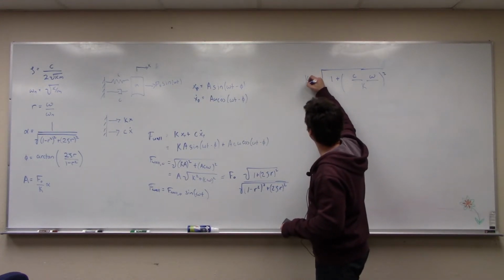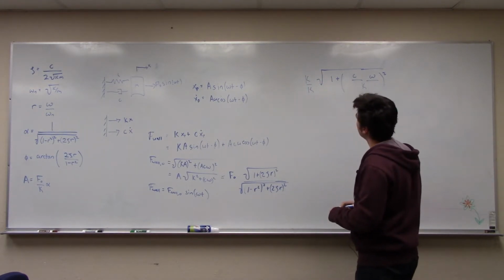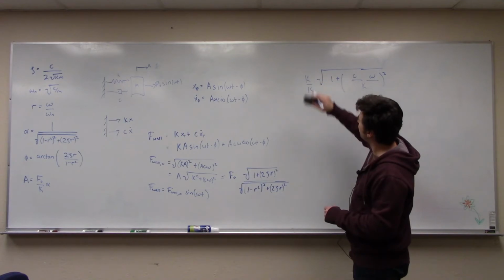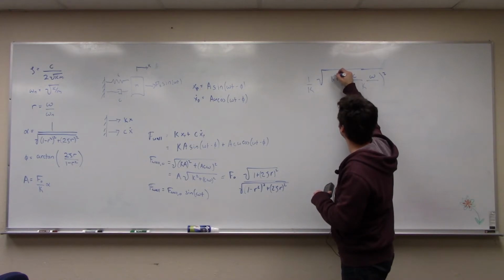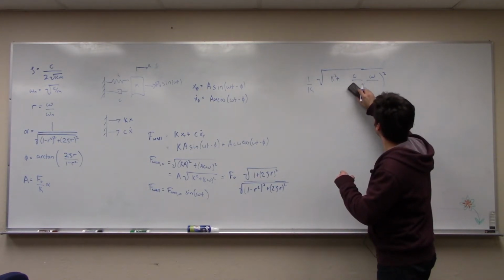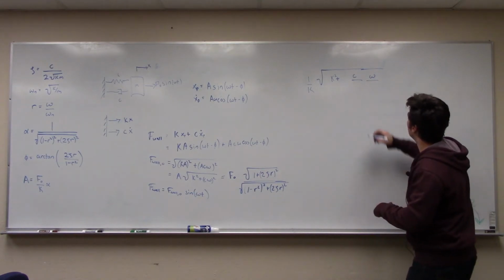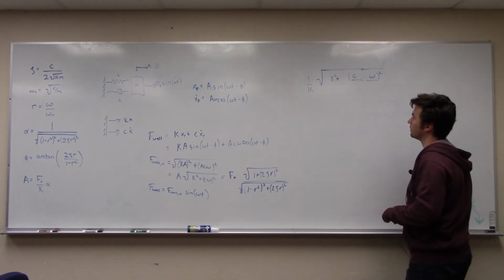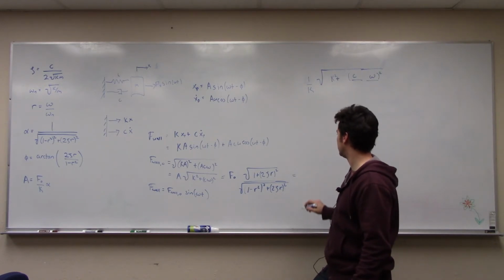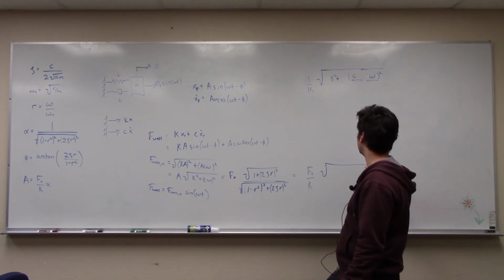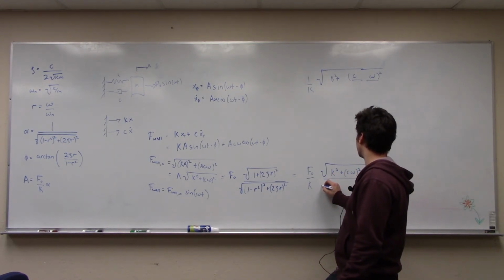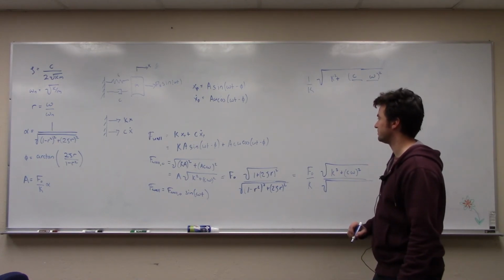Let's multiply by k over k and bring this top k inside, so it becomes 1 over k on the outside and k squared plus c omega, all squared. We were right before. So that is equal to F naught over k times the square root of k squared plus c omega, that squared, all over the square root of the stuff we had.